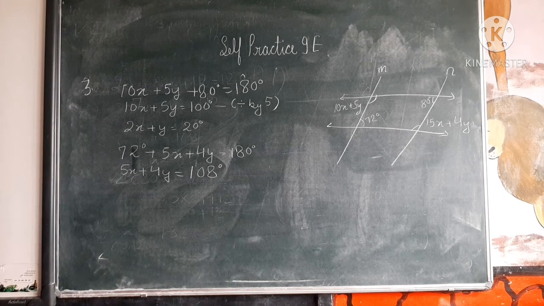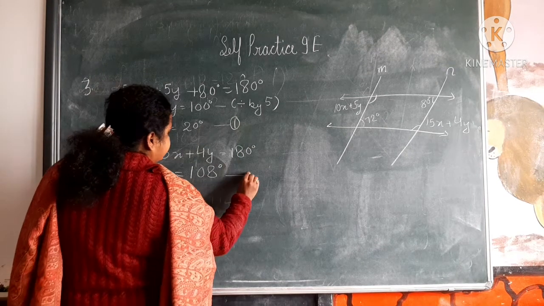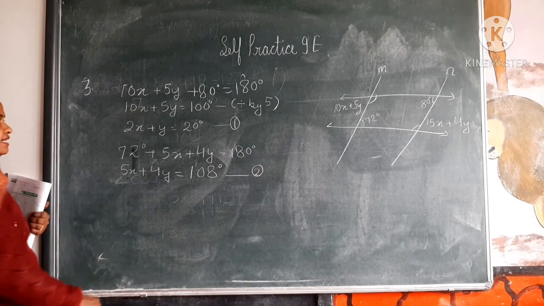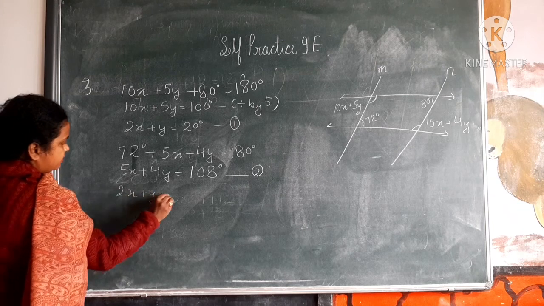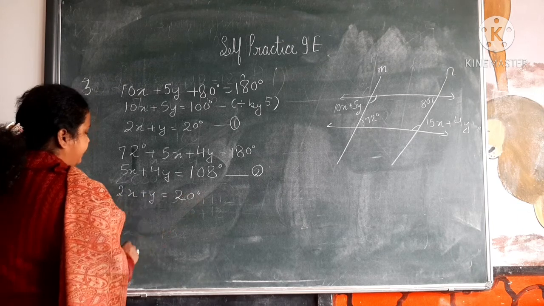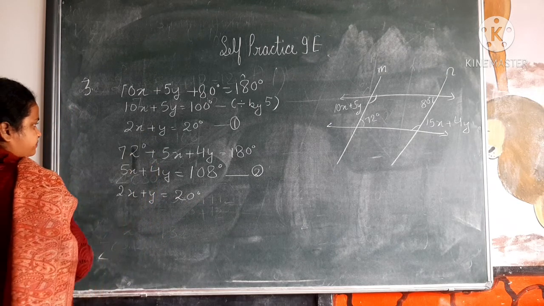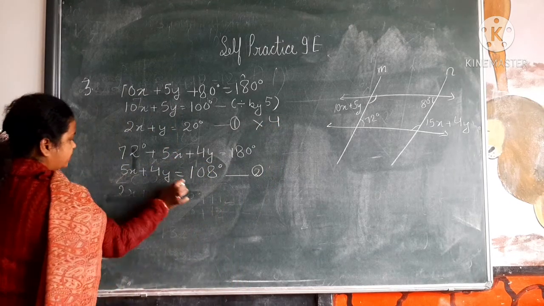Now what you have to do next? This you make it as equation 1 and this you make it as equation 2. Now we may solve it simultaneously. 2x plus y is equal to 20 degree, and I am multiplying this equation by 4.